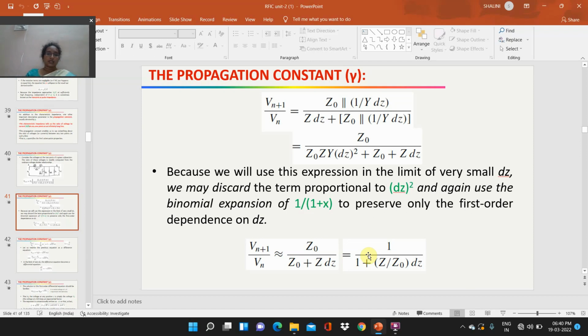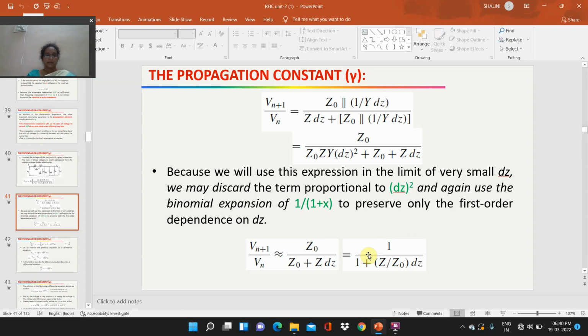Because we will use this expression in the limit of very small dz, we may discard the term proportional to dz square and again use the binomial expansion of 1 by 1 plus x to preserve only the first order dependence on dz.